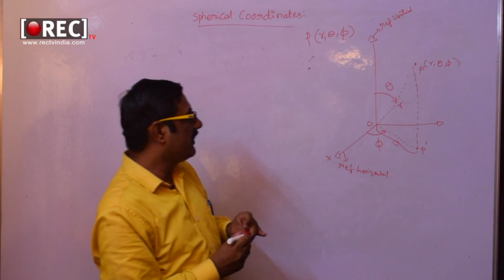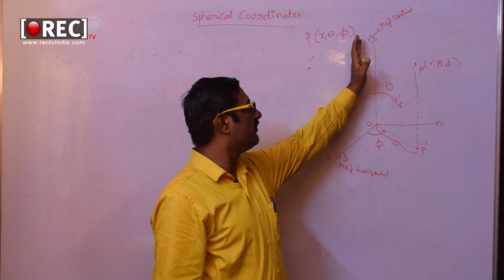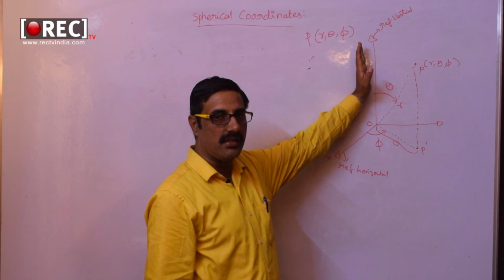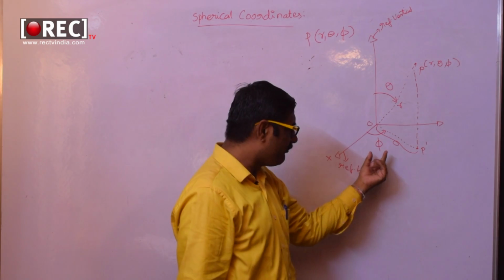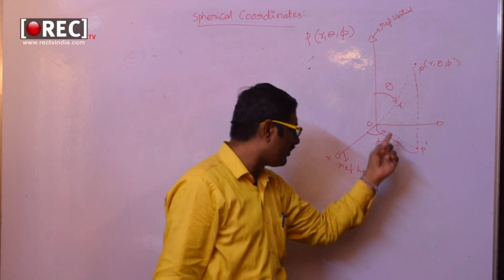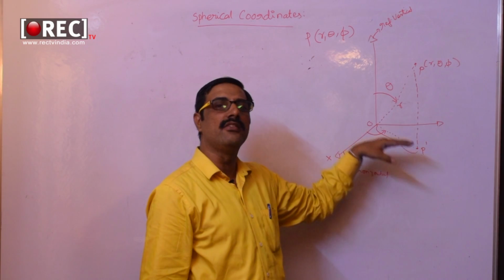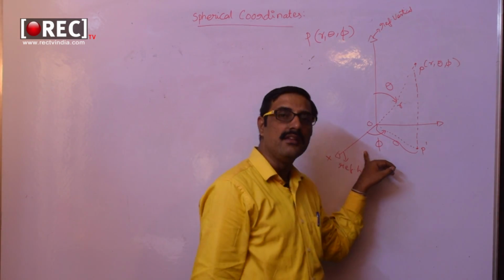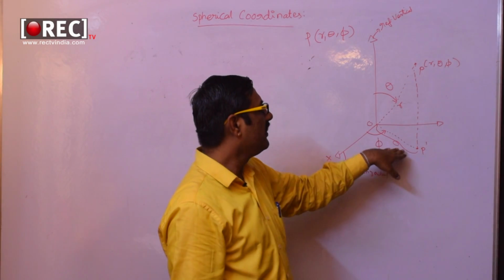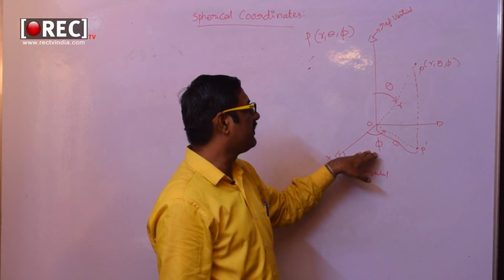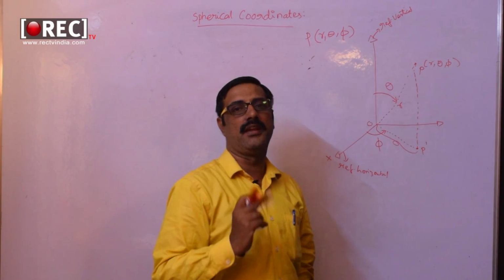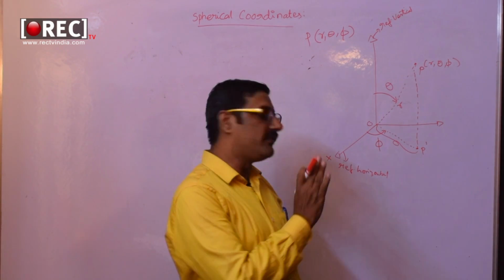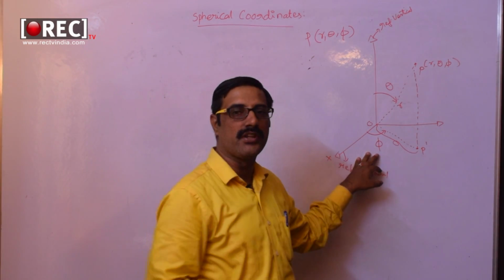So, if you observe, theta is directly taken as the angle between the radius vector and the reference vertical, but the angle phi has to be projected onto the horizontal plane, and on the horizontal plane only we determine the angle between the reference horizontal and the projection. So, always theta is measured in the vertical plane and phi is measured in the horizontal plane. This point is very, very important because it carries weight in the forthcoming discussion.